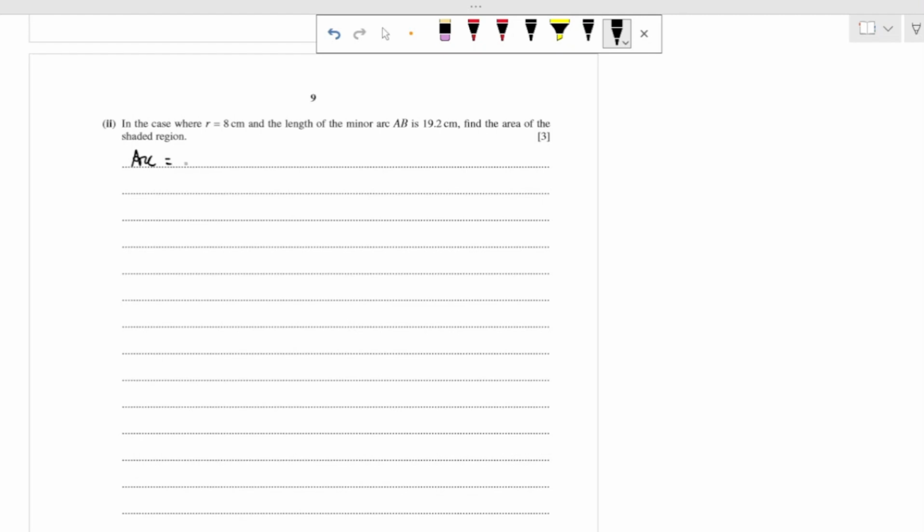So the arc length is equal to the radius into theta. We have the arc length, that is 19.2 centimeters, and we have the radius, that is 8 centimeters. We need to now find theta. So theta would be 2.4 radians.